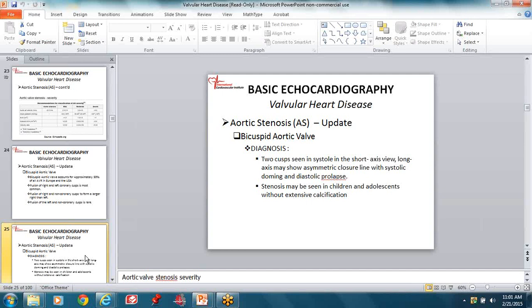They become calcified and restricted. In children and adolescents, you can get stenosis without extensive calcification. So just look at the valve. If it's not opening properly, and you look in the short axis views and it's a bicuspid, that might be the reason. Okay?